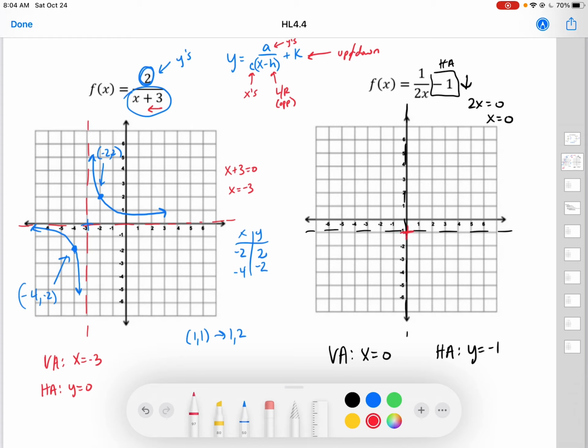So right where those cross, it's going to be important for us. This is once again not a squared reciprocal, therefore they're going to be opposite. So if my first point were here, my opposite one would go right here, or vice versa. If the first point was over here, then the second one would go over here. So now key points, if you're using key points, I would do 1, 1.